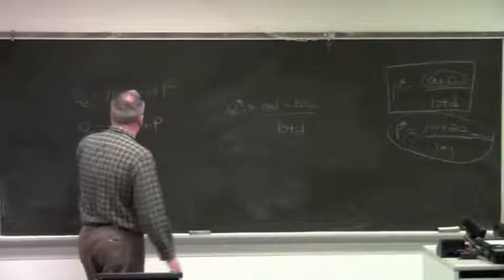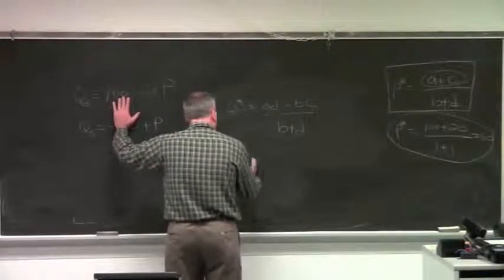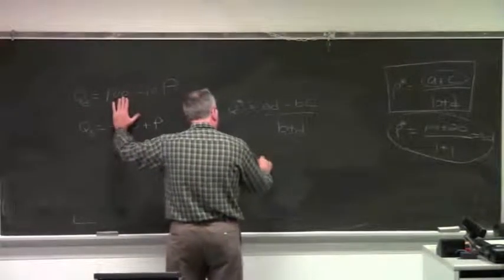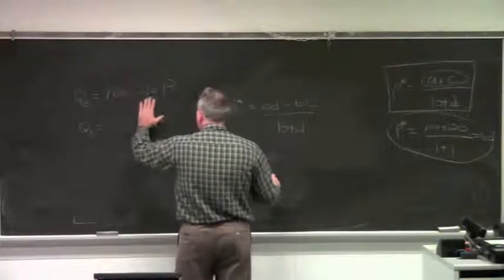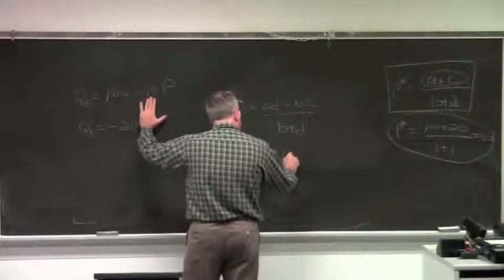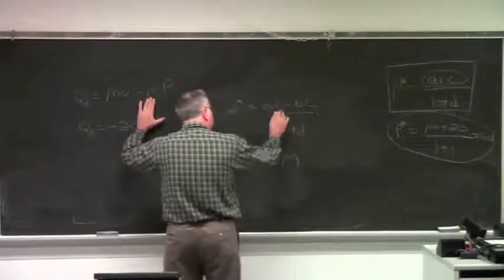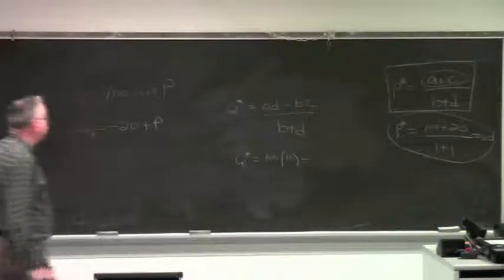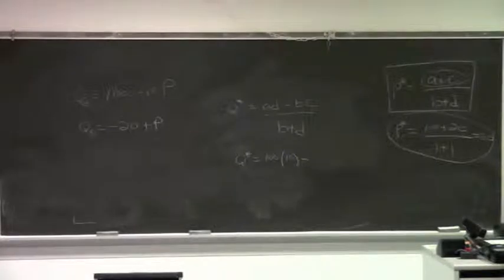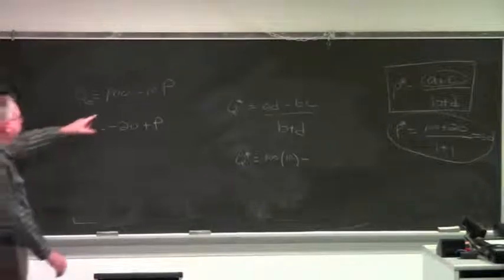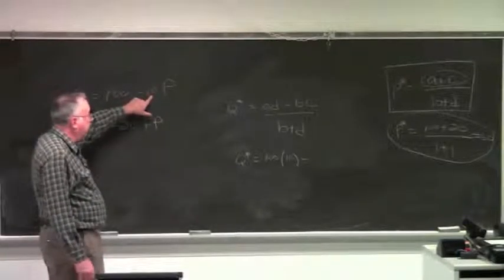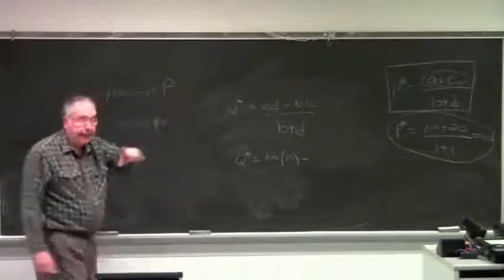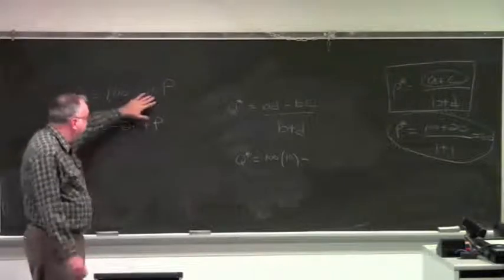Into this formula right here, what you get is Q star is 100 times, D is 10. Minus. Would it be 1? D is 1. B is 10. Oh, you're absolutely right. Thank you. B is 1, but D is, B is 10.